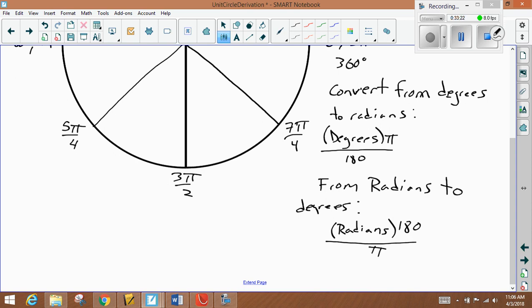I'm second guessing all of that. So let's do it. Let's convert pi over 6 to degrees. We converted 30 degrees to pi over 6.